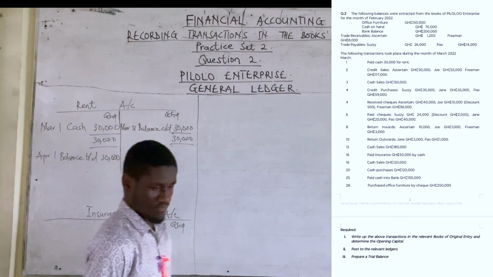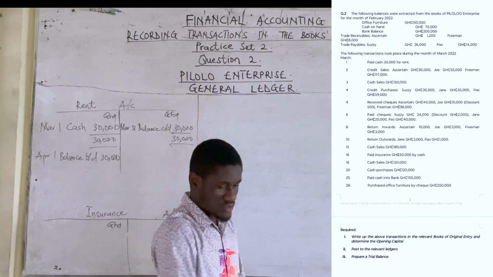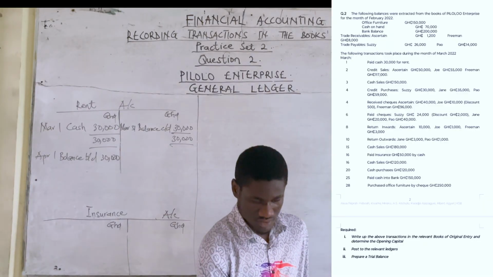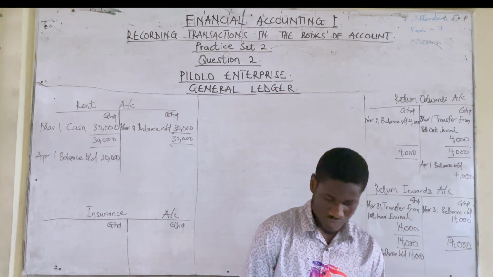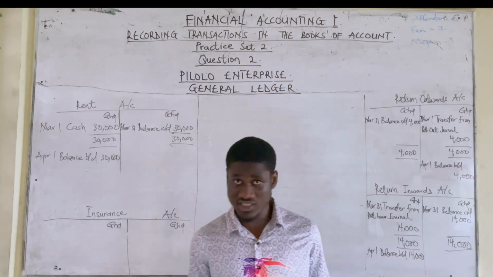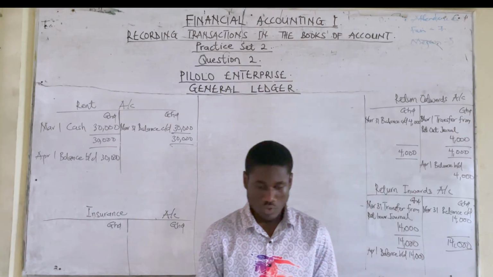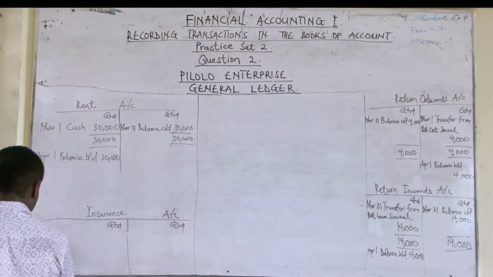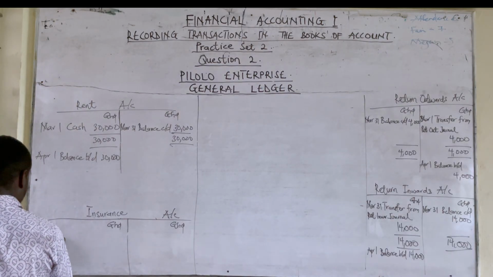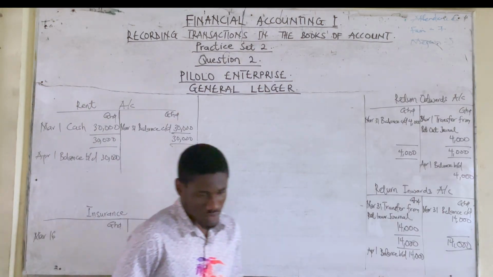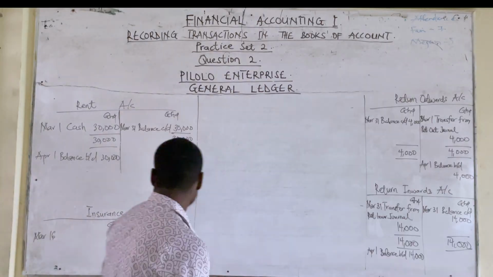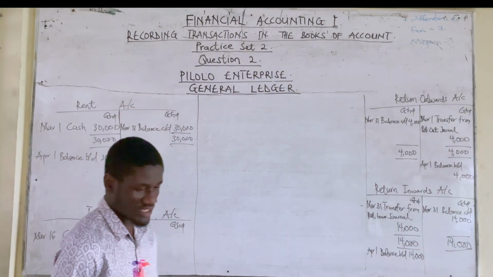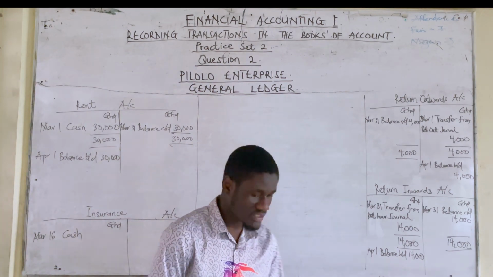With the insurance, you could see that we made payment for insurance. Insurance is an expense, so we are going to debit. It was March 16th, and it involved cash. So we recorded in the insurance account in the name of cash, and the amount was 50,000.